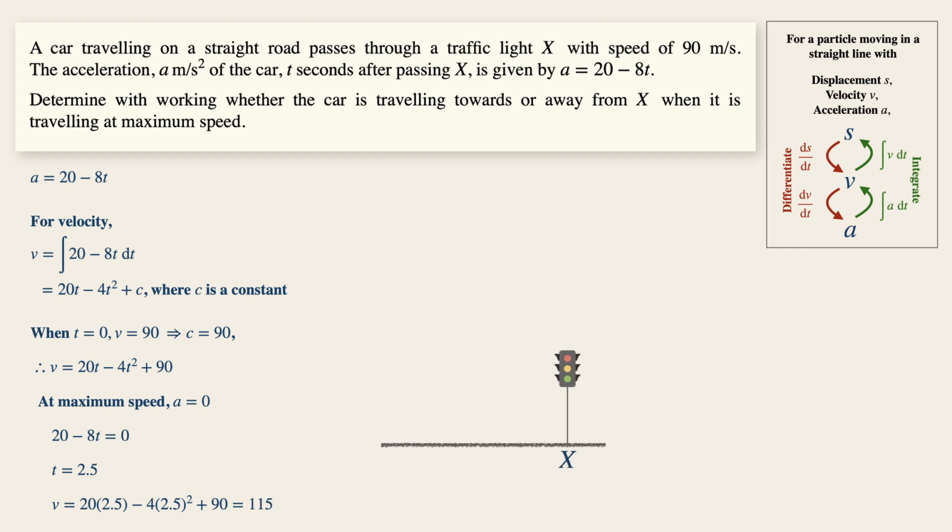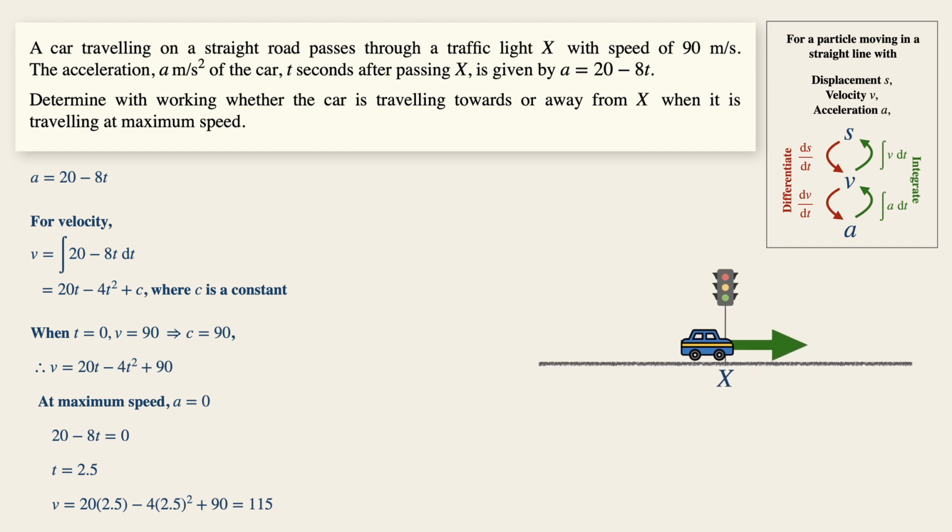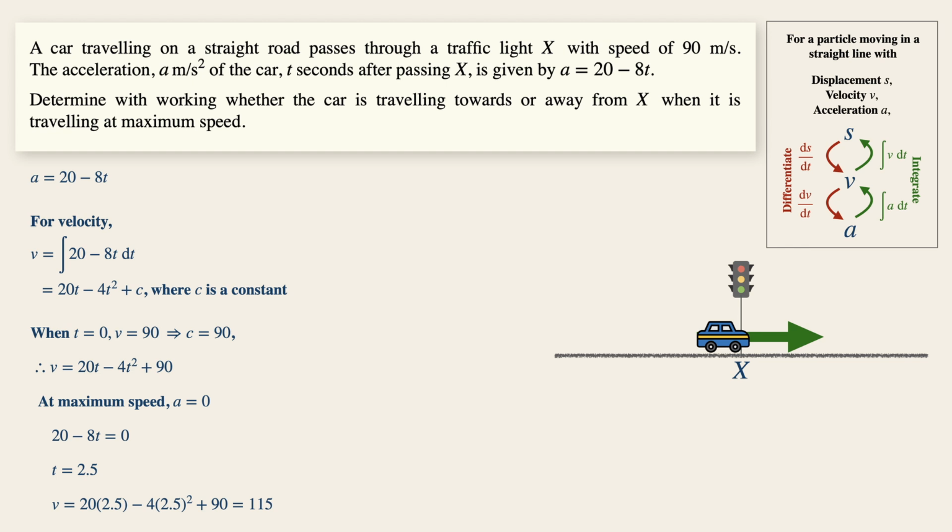Now if the velocity is positive, we know that it is traveling in a positive direction, but it doesn't fully tell us if it is moving toward or away from X. So let's find the displacement of the car from X to help us determine this. To get displacement, integrate v once with respect to t, and we have 10t squared minus 4 over 3 t cubed plus 90t plus d, where d is an arbitrary constant.